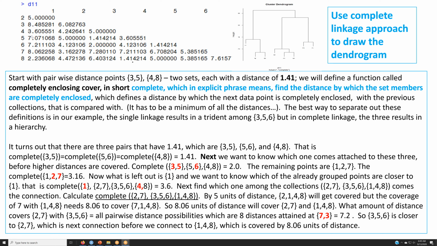Let's go to 3, 5. 5 and 3 is 1.41, the same as 3 and 5. 5 and 6 is 1.41. For 4 and 8, because I have a lower triangular matrix, I go 8 and 4, which is 1.41. That's what we are talking about in this matrix.